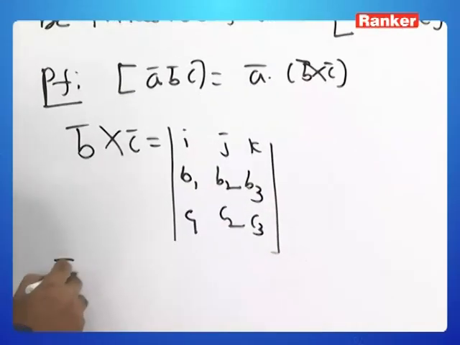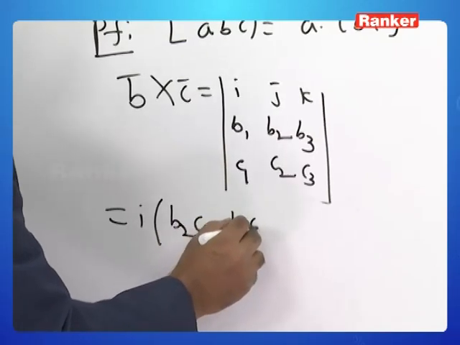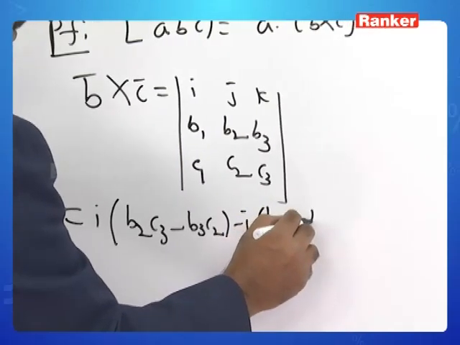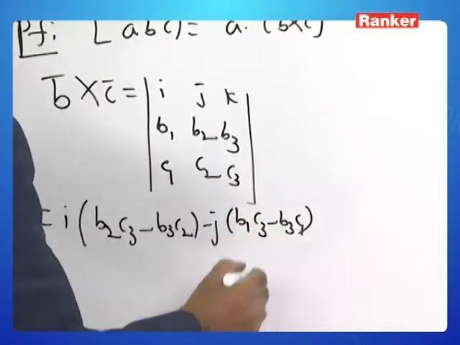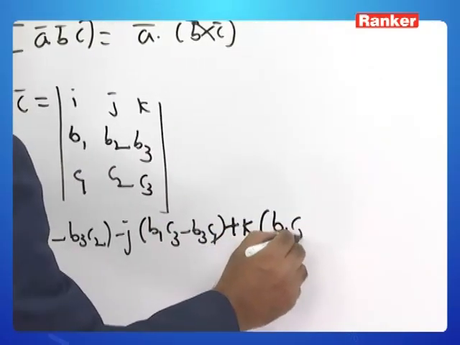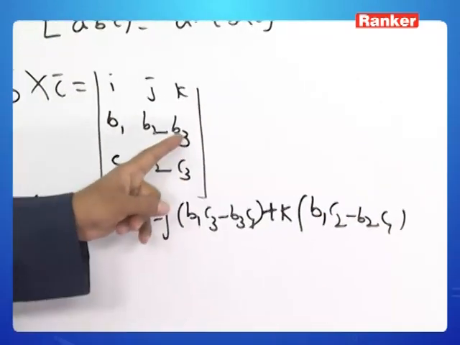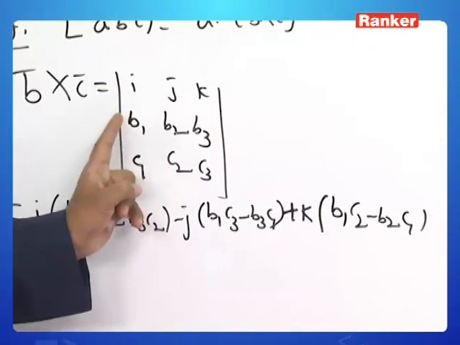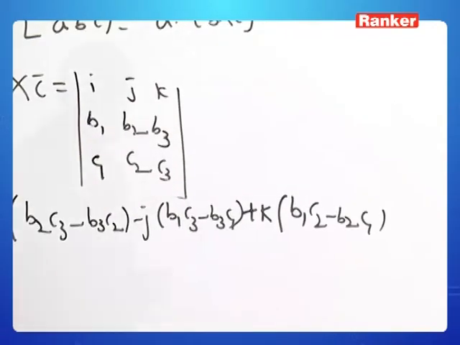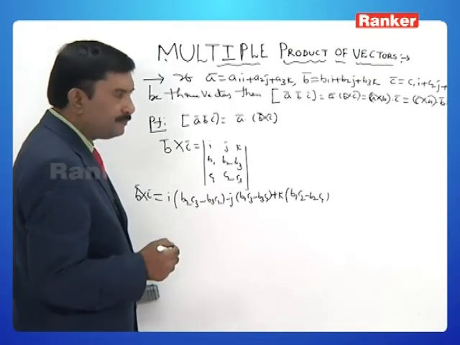Now I will write i into (B2 C3 minus B3 C2) minus j into (B1 C3 minus B3 C1) plus k into (B1 C2 minus B2 C1). This is nothing but B bar cross C bar.